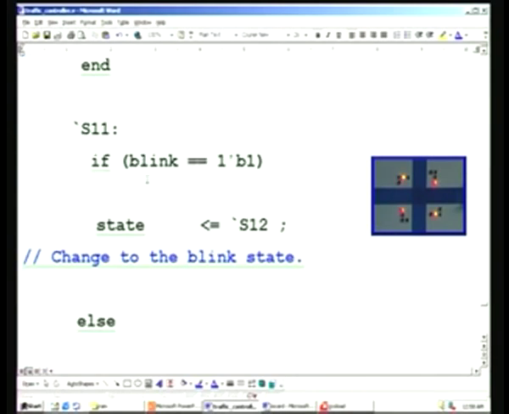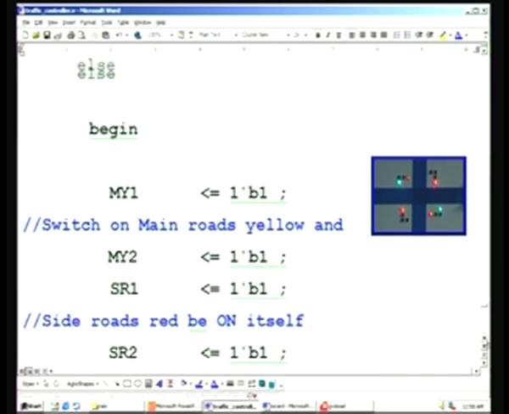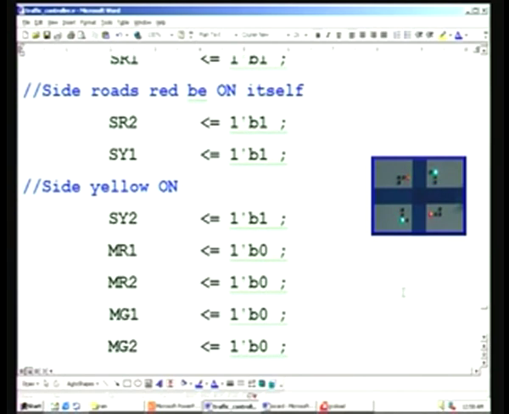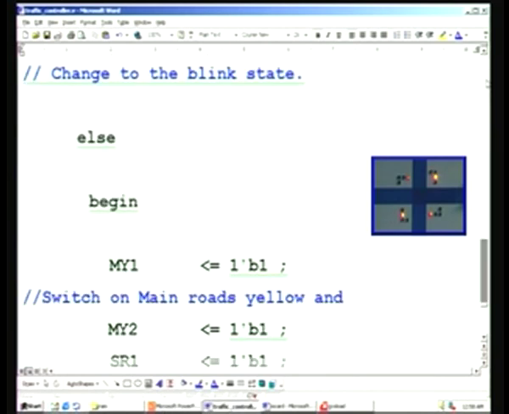S11 is here, once again blink is taken into account. Then here you have MY1, MY2, 1, side road red here, and side yellow 1. Is this correct? This is for S10 sequence.